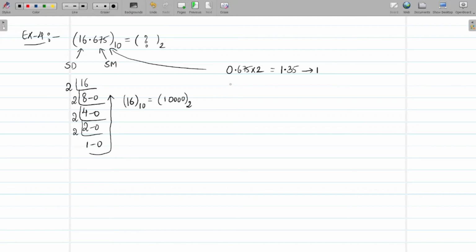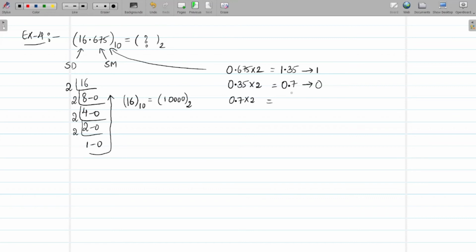Consider the fractional part again, which is 0.35, and multiply this with 2. What is 0.35 into 2? 0.7. So write 0 because this is the integral part, and consider this decimal part again. 0.7 into 2. What is 0.7 into 2?